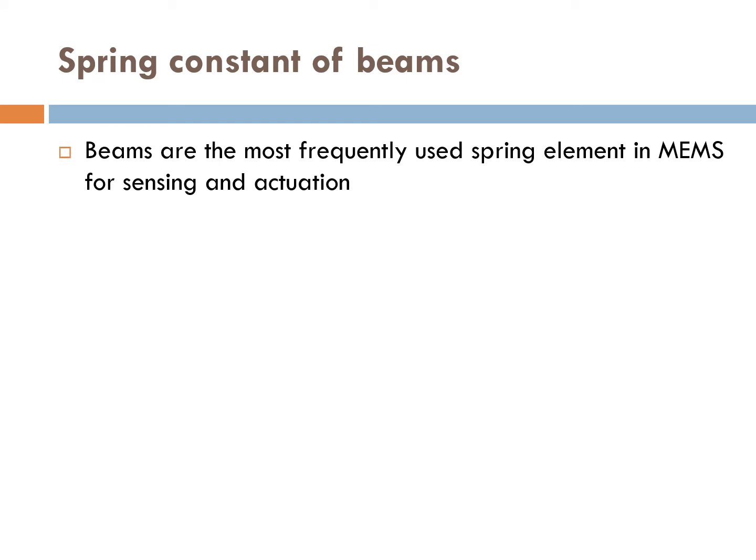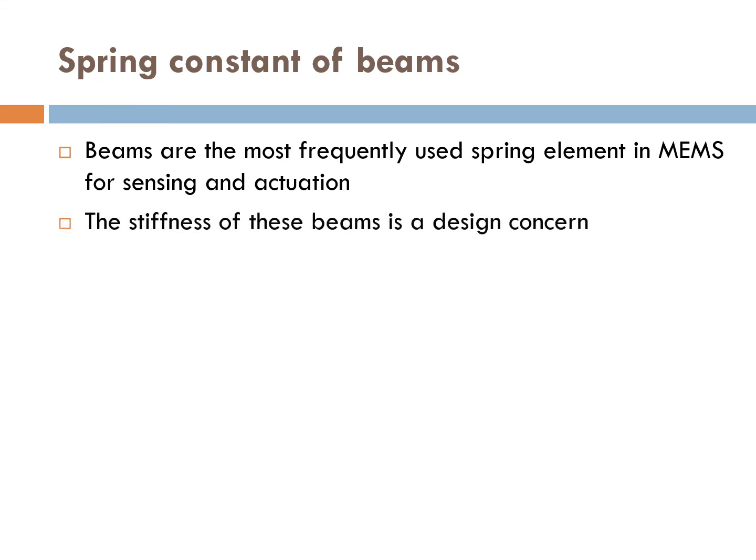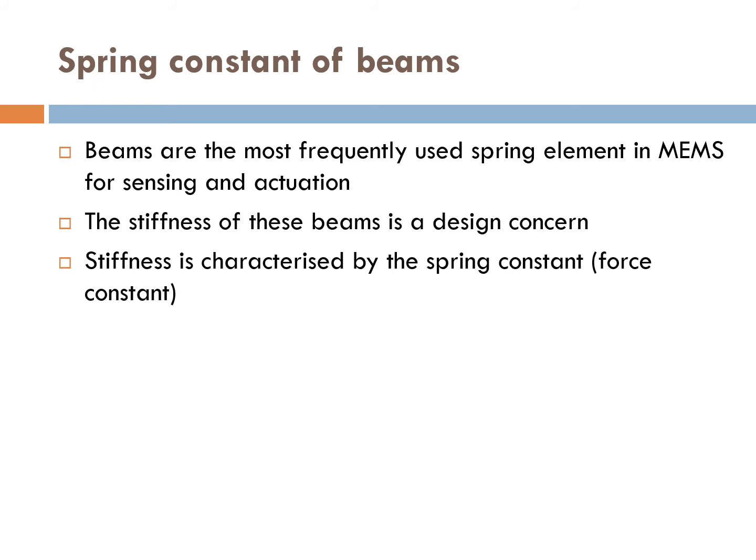These microbeams serve as mechanical springs for sensing and actuation. The stiffness of these beams is a frequently encountered design concern. The stiffness is characterized by a term called the spring constant or force constant.